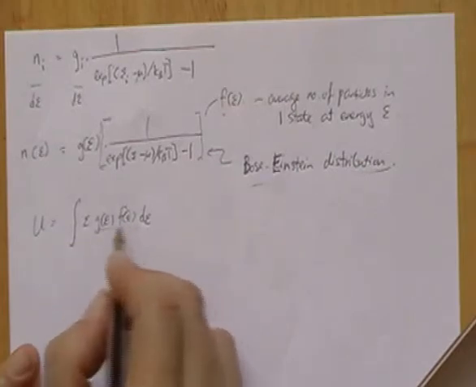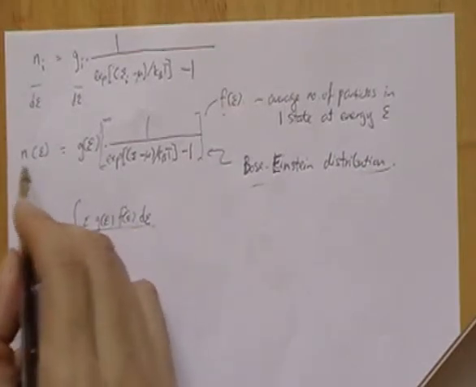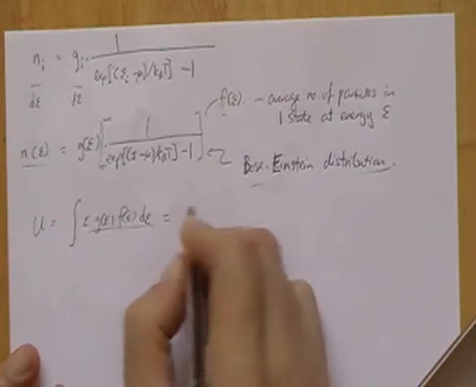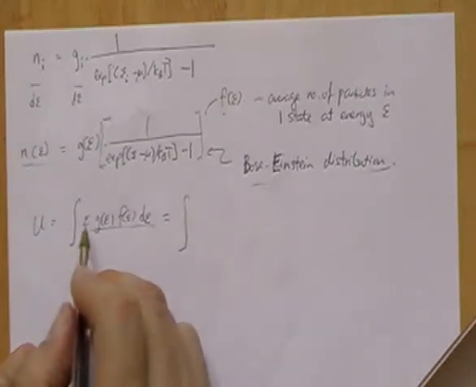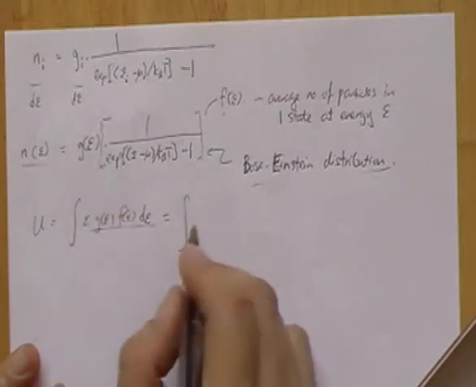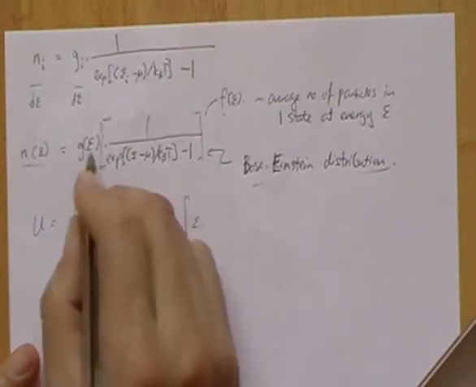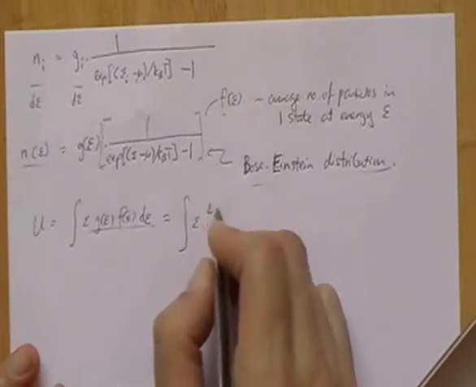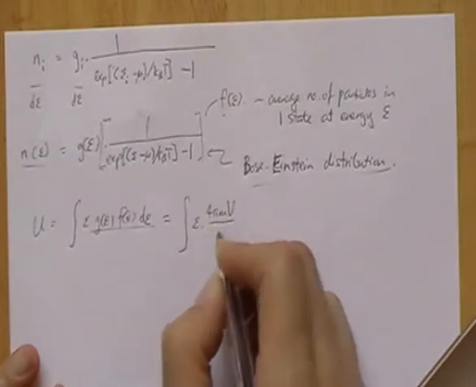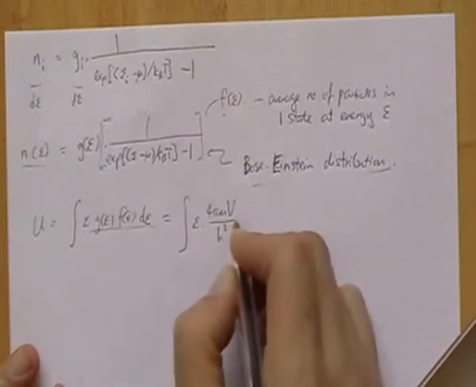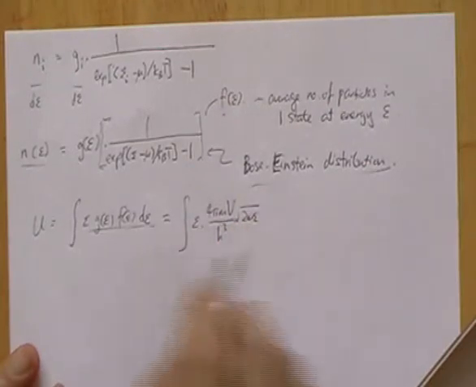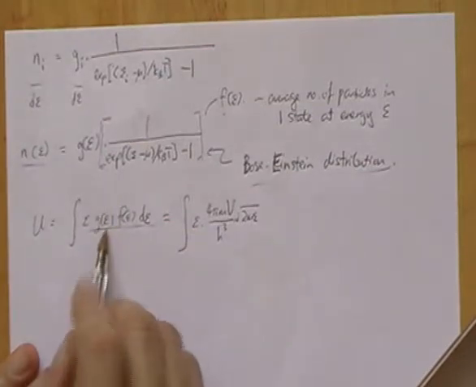So this is just the number of particles in the interval dE times E. Now g(E), we know what it is from the ideal gas: 4 pi m V over h cubed times the square root of 2mE.